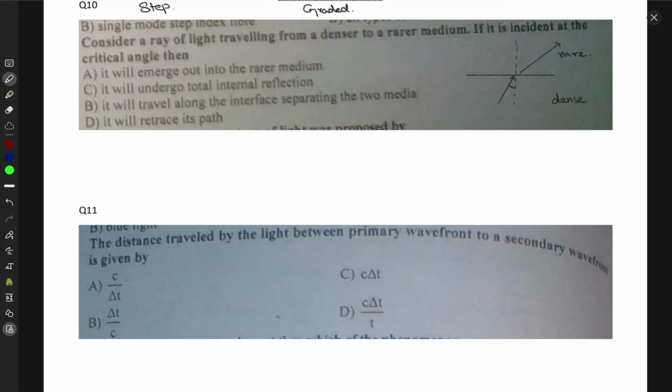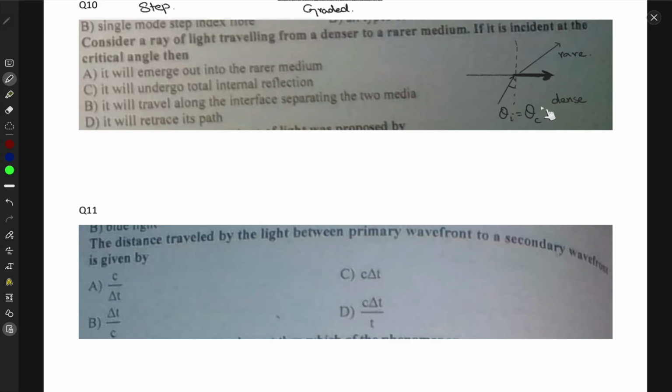We know that if a ray is traveling from a denser medium to a rarer medium, and the angle of incidence, theta I, is equal to the critical angle theta C, then the ray travels along the interface that separates the denser medium from the rarer medium.